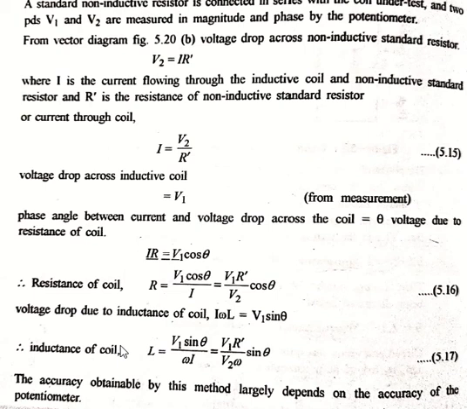Now this AC potentiometer is also used for the calibration of ammeters and voltmeters. We'll not discuss that in much detail, because it is similar to the procedure adopted in the calibration using DC potentiometers. Now coming to the calibration of a wattmeter using an AC potentiometer.